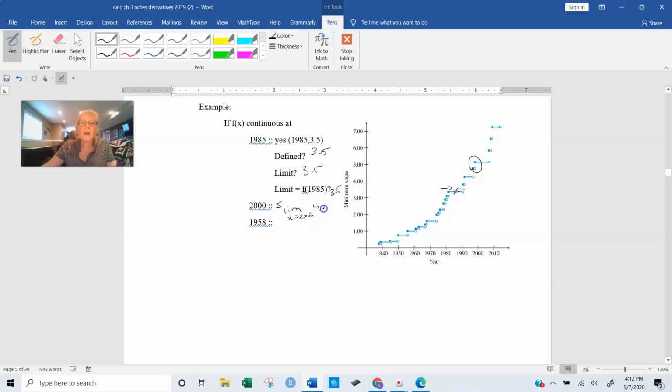And as we approach from the right, it's 5. So this is 4.9, this is 5. It's not the same. Since all three are not the same, it is discontinuous. So the answer is no, this is not continuous. It is discontinuous.